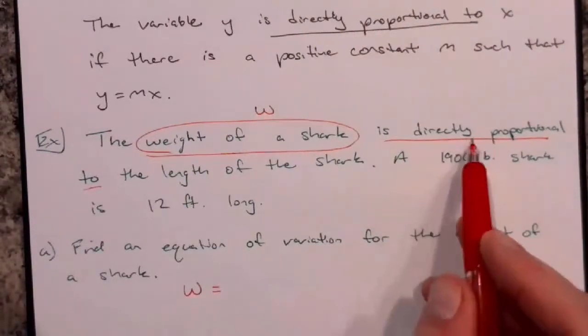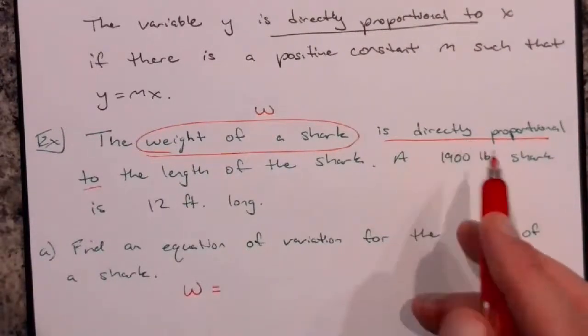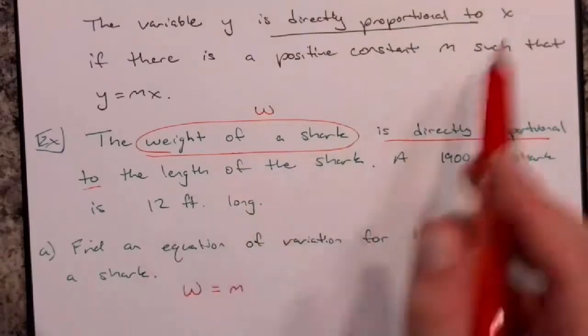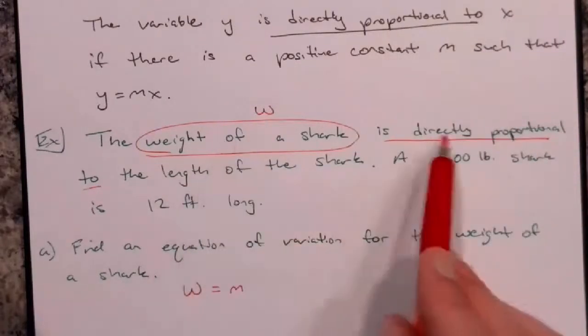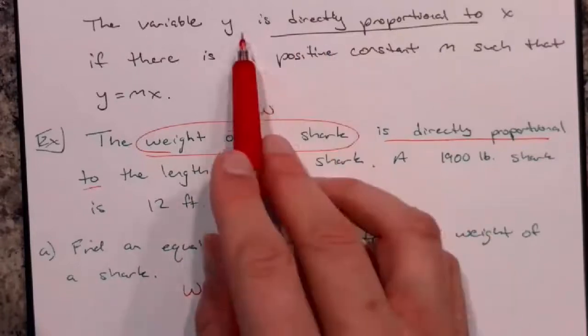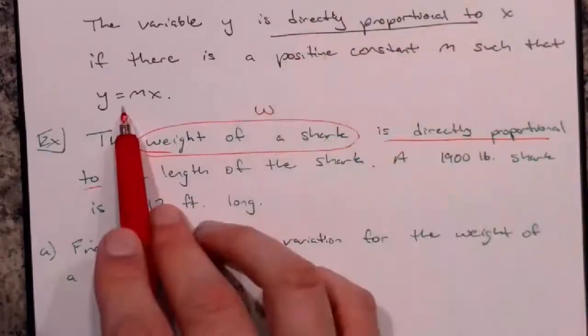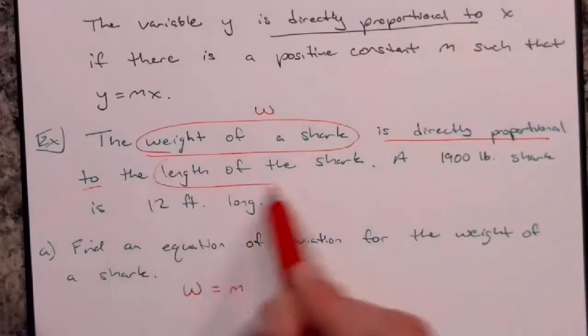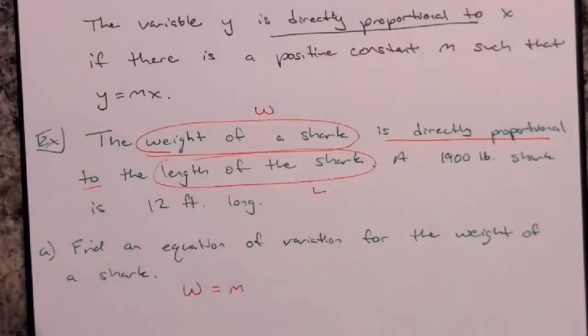Here I'll call the constant m like we did before. You can call it anything you want as long as you're not using the same variables you had before. When the weight is directly proportional to the length, maybe I'll call the length L. So w equals m times L.